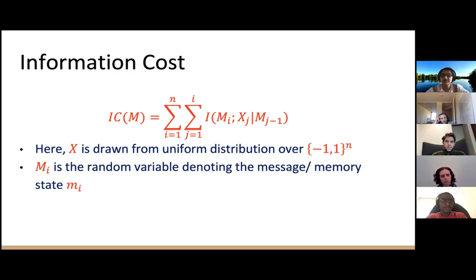Just to be clear, this information cost is defined for communication protocols, but we can just write it in terms of the parameters of the streaming algorithm M.